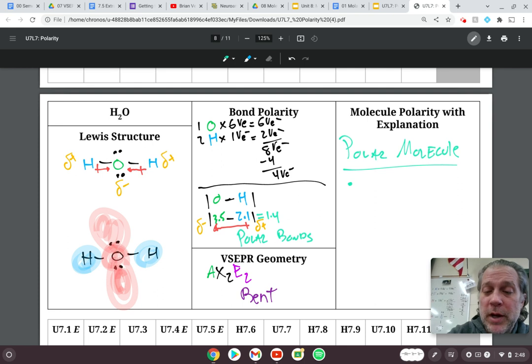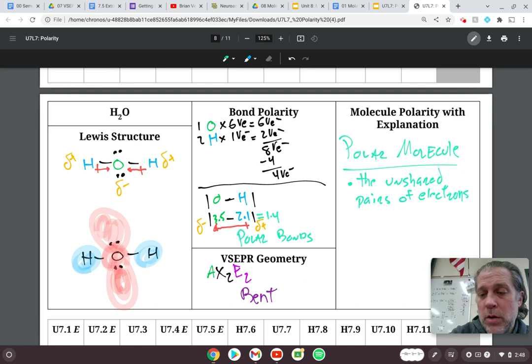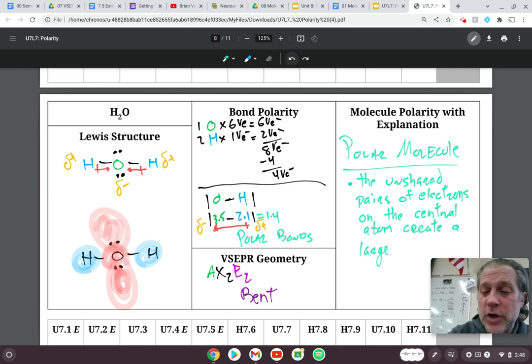It's a polar molecule because the unshared pairs of electrons on the central atom create a large area of negative charge.